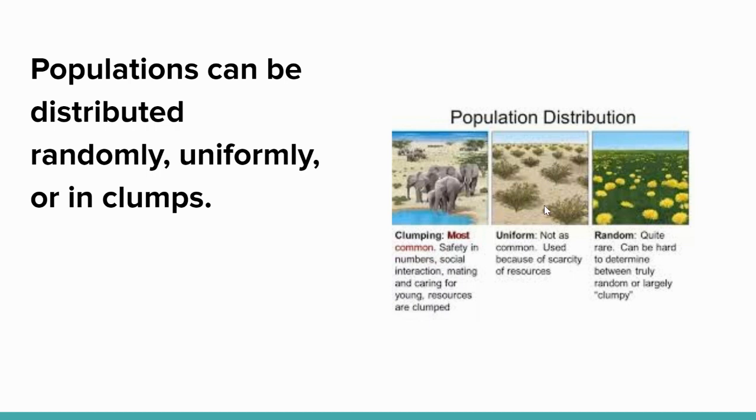They're the same spaces apart, and they can still have a chance to use their resources. And then, of course, you have random. Looking at the flowers, they aren't the same distance away from each other. They might be really close, and then farther apart on the next one. And so that is how populations can distribute themselves.